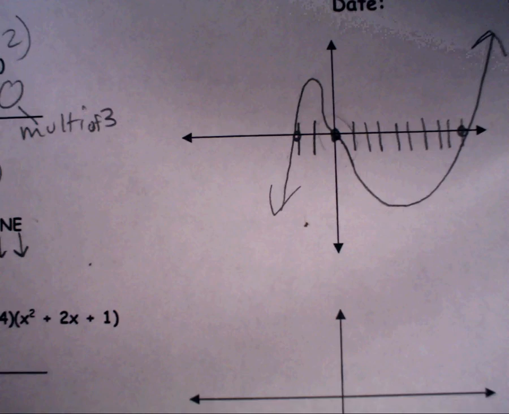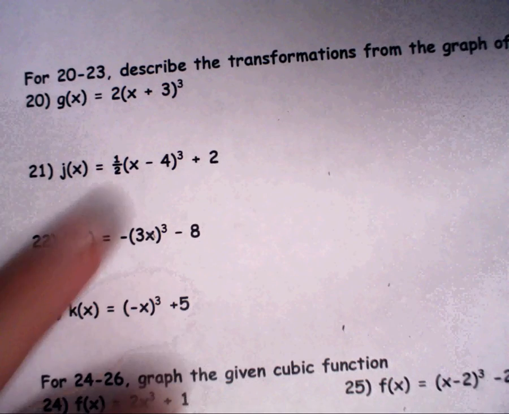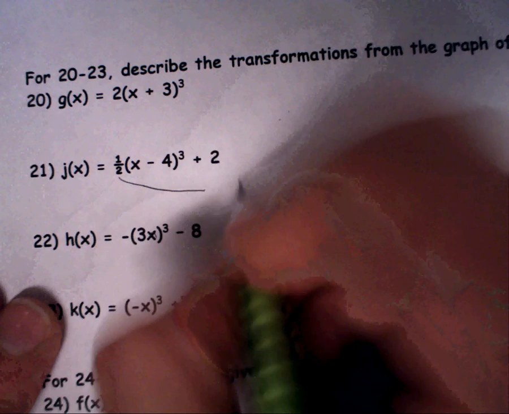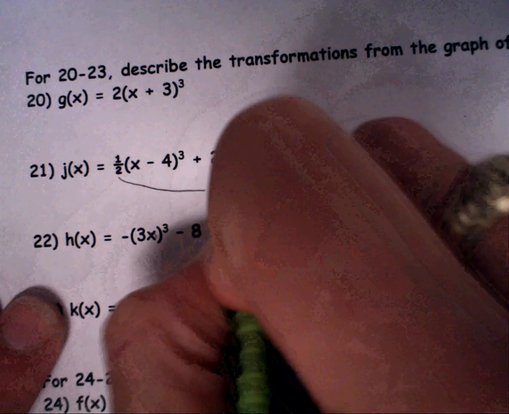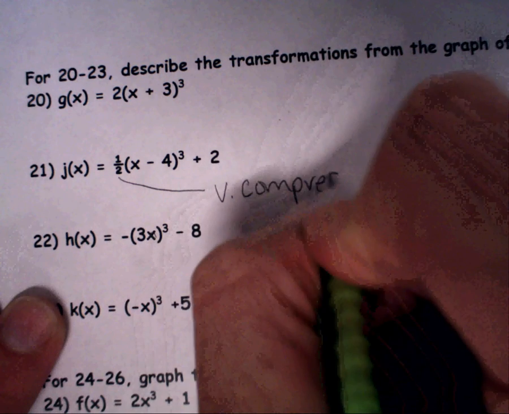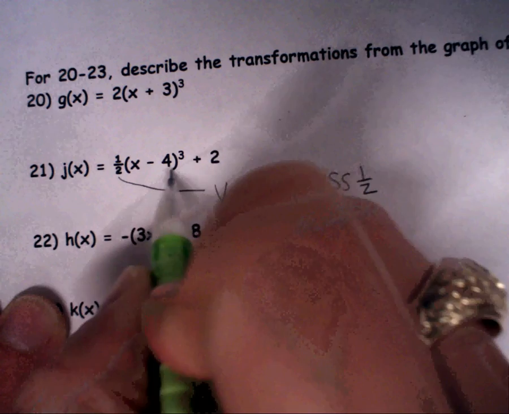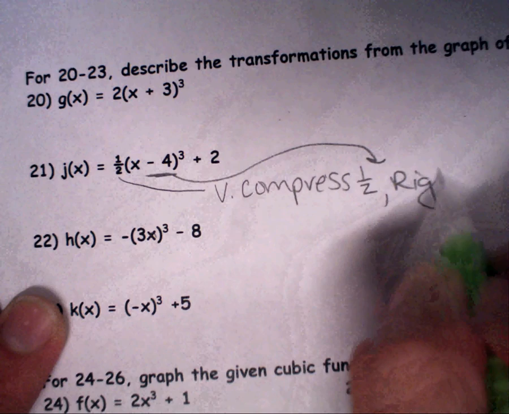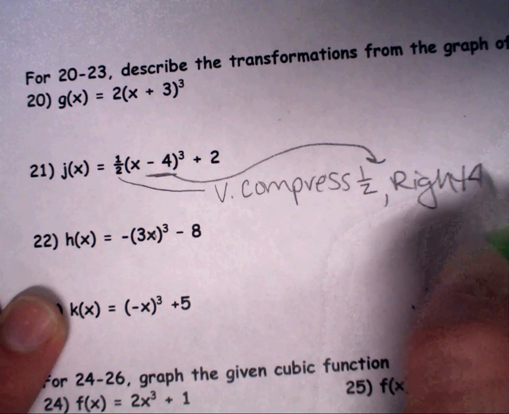So we're going to come down and do some describing together. So I'm going to do number 21 and 22. So the 1/2 would make it vertically compress by half. It's going to go right 4 and up 2.